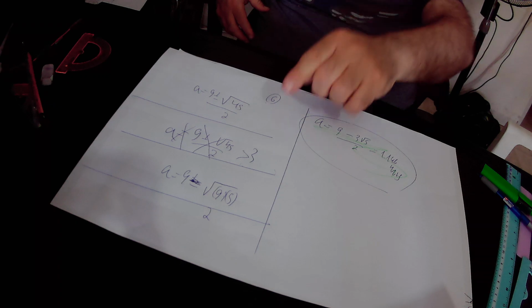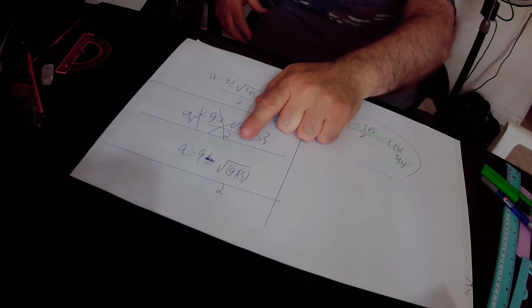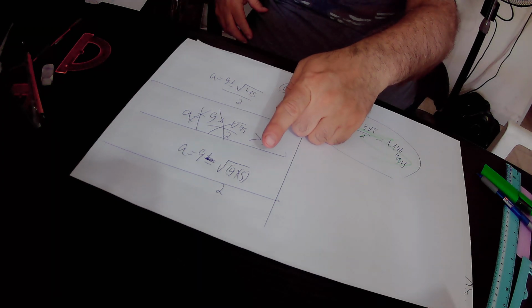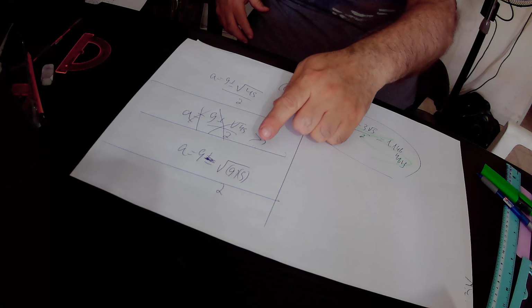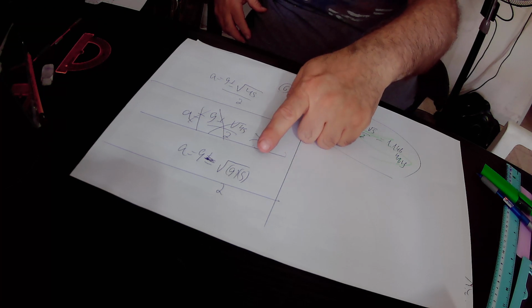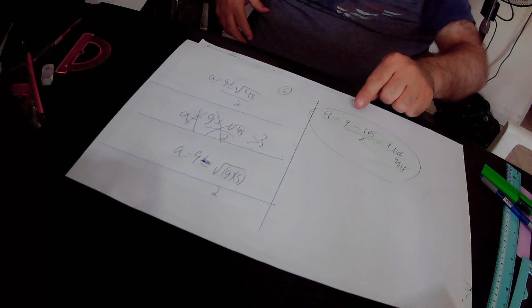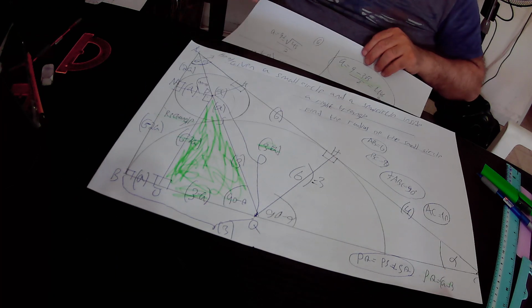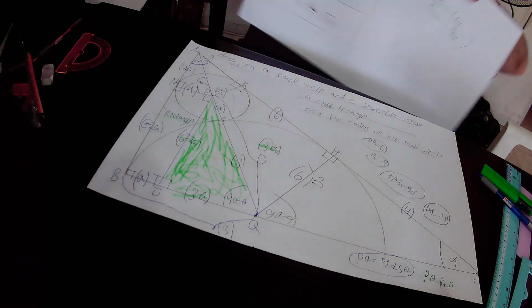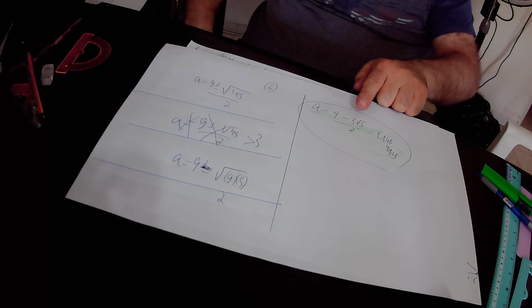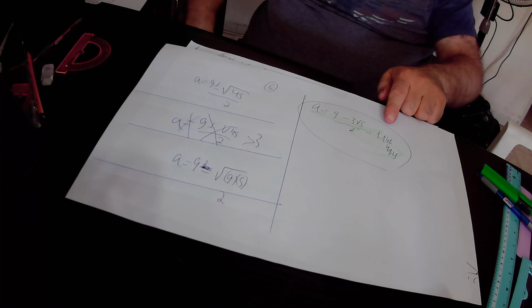The second solution for A is A equals 9 minus the square root of 45, where we substitute 45 by 9 times 5, divided by 2. The square root of 9 is 3. In other words, we are left only with the square root of 5. So in conclusion, we found out that the radius A of this small circle equals 9 minus 3 times the square root of 5, over 2 units, or in terms of numbers, it is equal to 1.146 units.